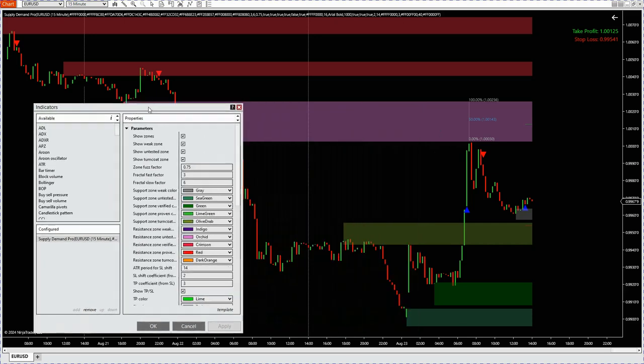If price comes back into this zone after this pivot to the upside, that 50% price level at 1.00143, that's where we're looking to see if it's going to pivot back down or break through and keep on moving to the upside. So we want to keep our eye on that price level.